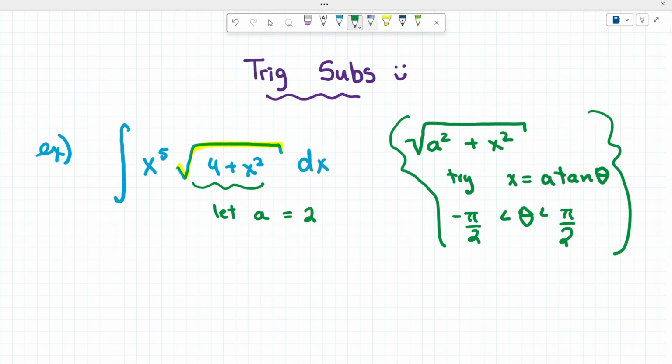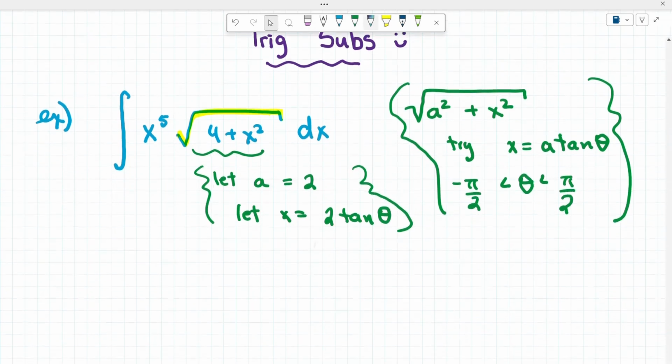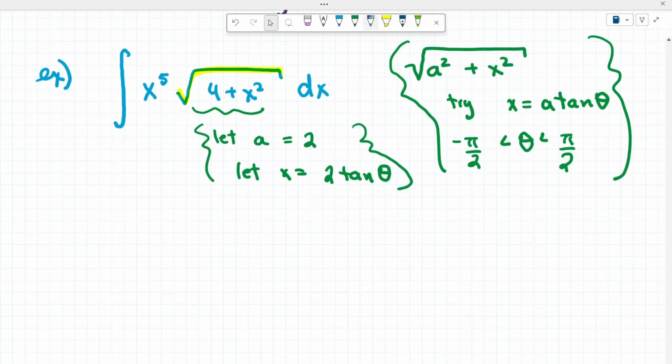In this case, let x equal 2 tan theta. Now that we've done that, that's the housekeeping of our problem. We can dive in and try to solve it, so let's go right ahead and plug this in.